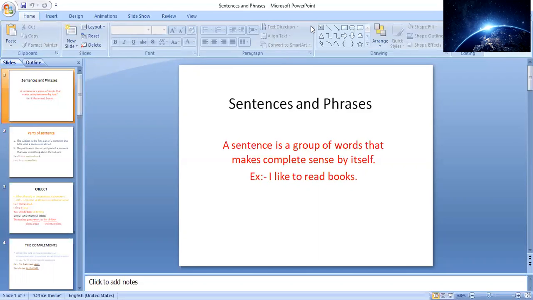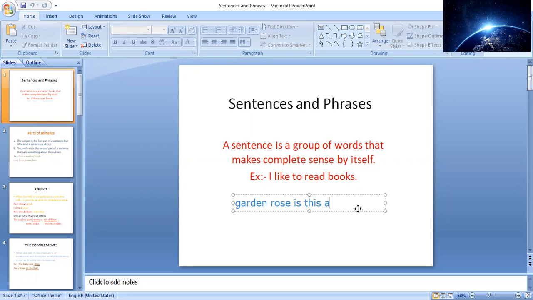Clear? Then I will cite some examples for you. Here I'll write: garden, rose, each, this, a.